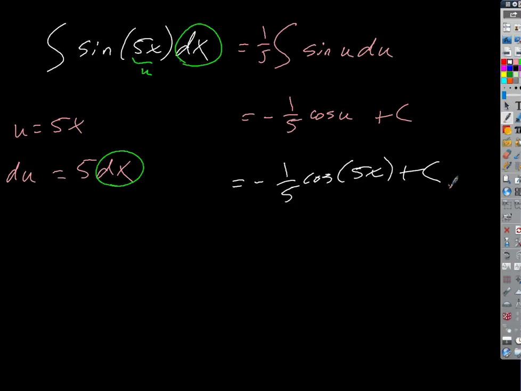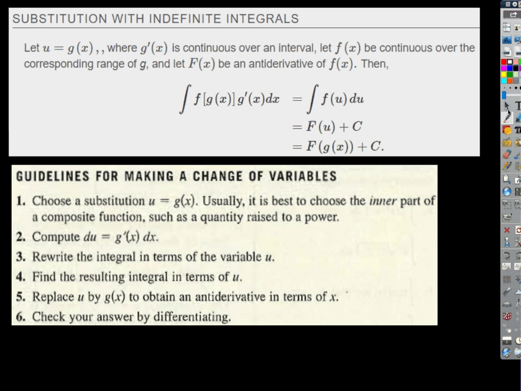Let's try another one. Just get a little practice with these. Okay, real quick, we'll take a quick look at this list. This is just out of your actual textbook. Guidelines for making a change of variables, essentially for choosing the right u. It's not like there's something that always works, but you probably already have a sense of this.